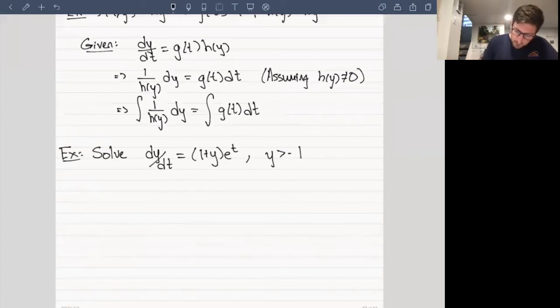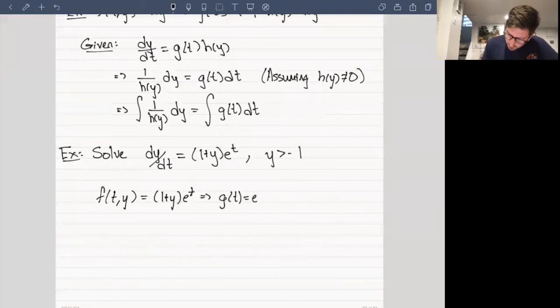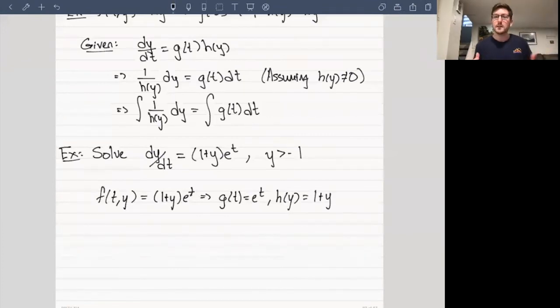Okay, well then, if we pose this in terms of the separable equations we just had above, we get f is exactly the right-hand side of this differential equation, which tells us that g is e to the power of t, and h is 1 plus y.